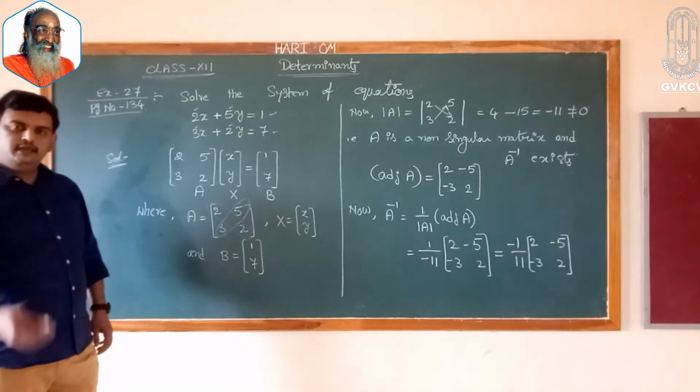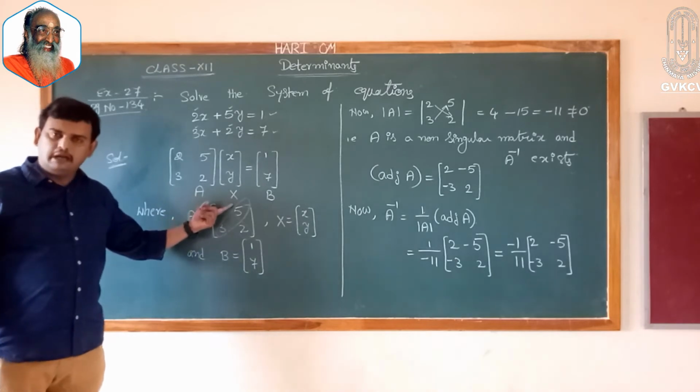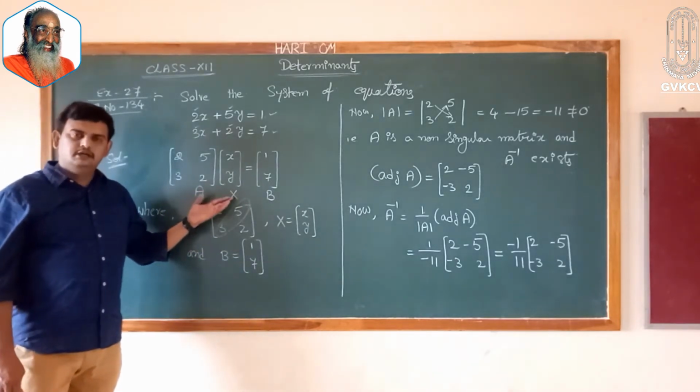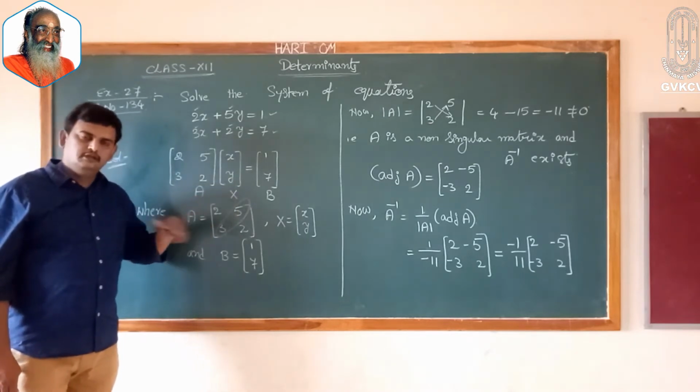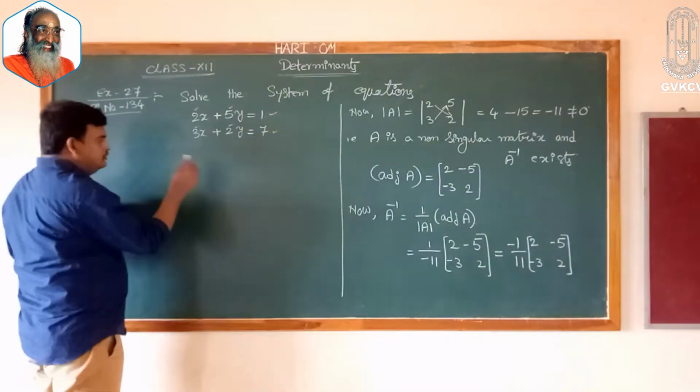Now what is our aim? Our aim is to know the variable matrix, which means we need to find the value of x. How to find it?